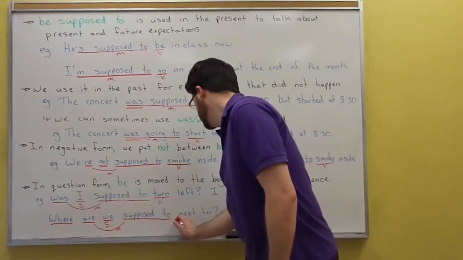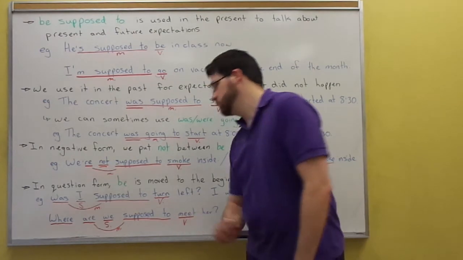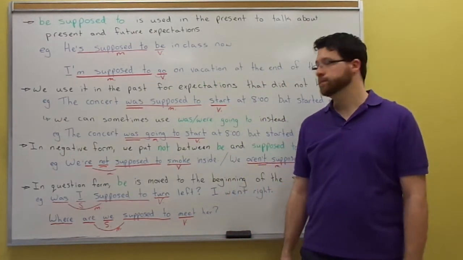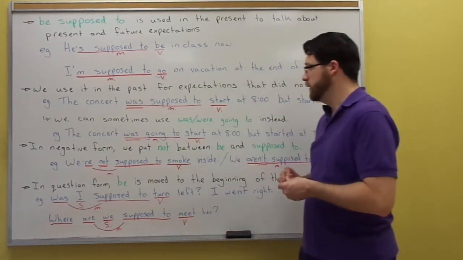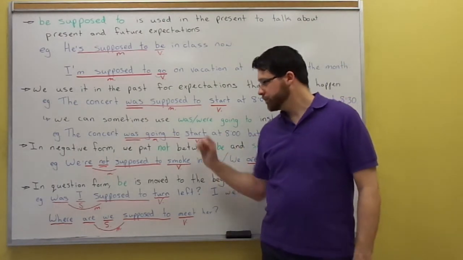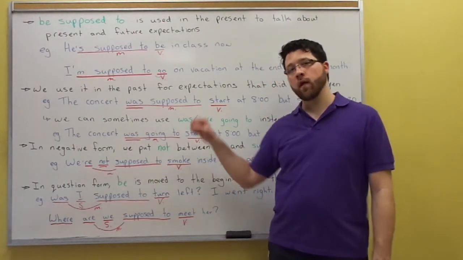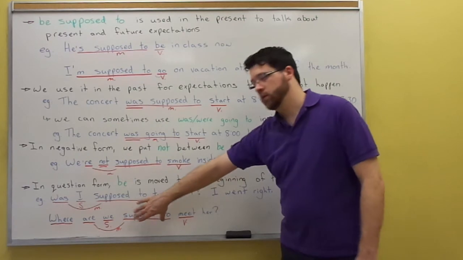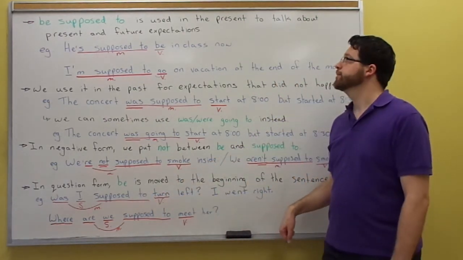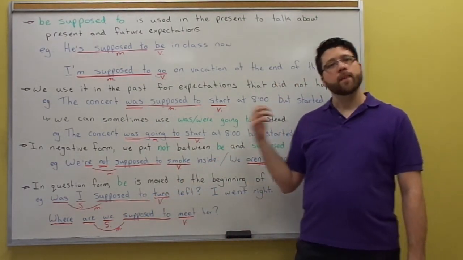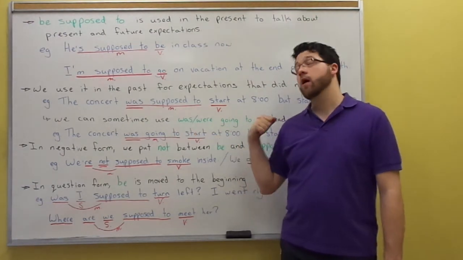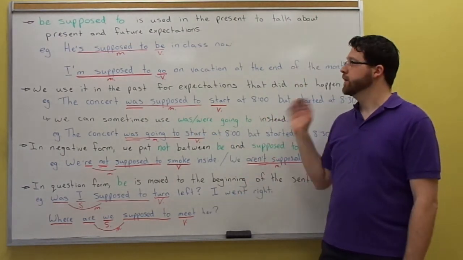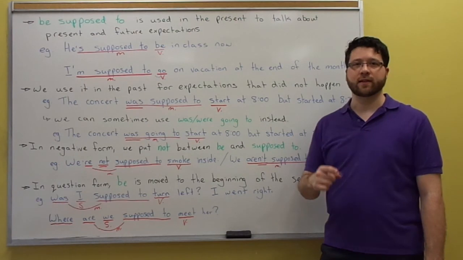And finally, meet, which is our verb. So with the question form, be goes first, then the subject, and then the rest. Okay, so that is modals of expectation. I hope you've learned a lot, and I'll see you next time.